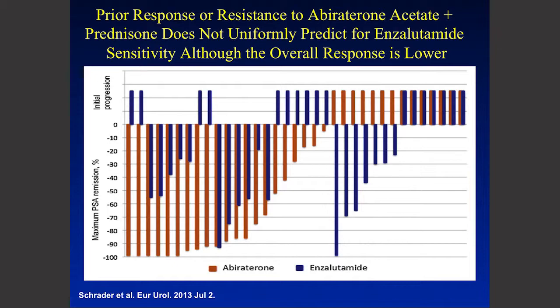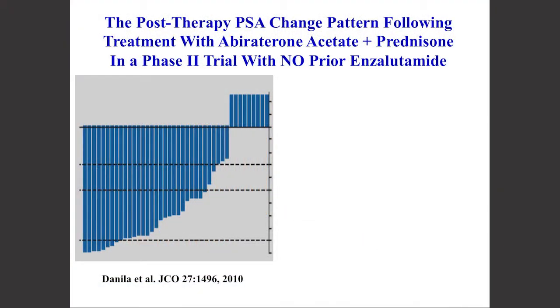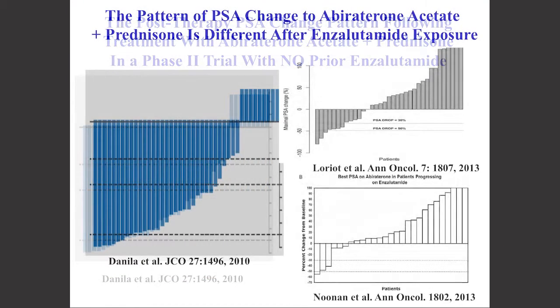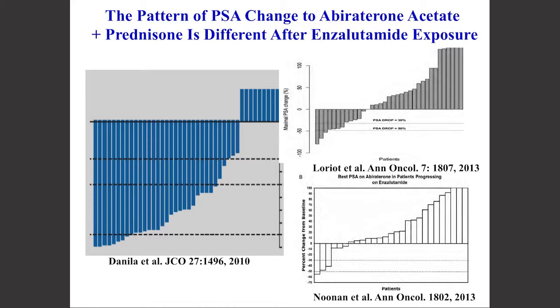There were some who didn't respond to abiraterone who responded to enzalutamide, and then there's a whole group in the middle. So this is clearly not going to be a simple or straightforward exercise, and we can't necessarily assume when we look at aggregate plots that that's going to change the outcome for an individual in terms of trying the drug.